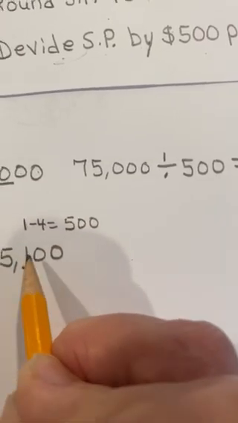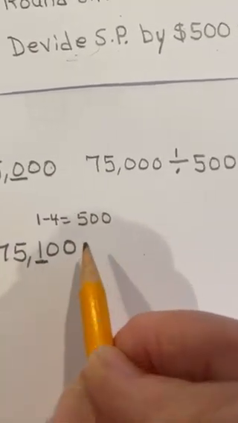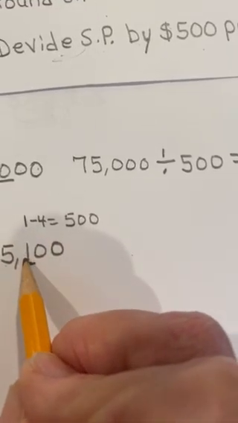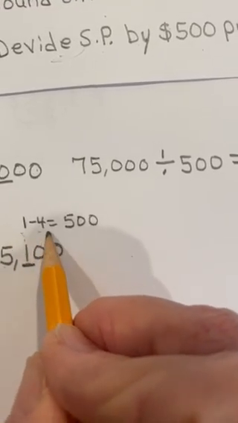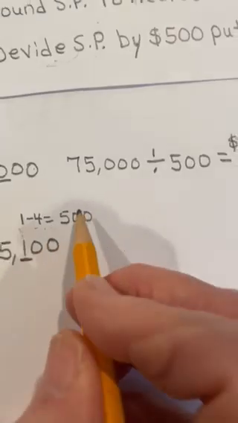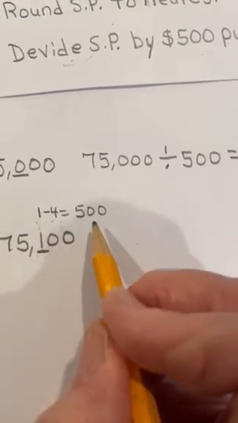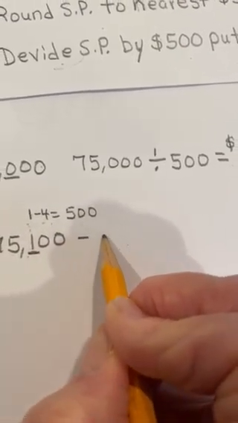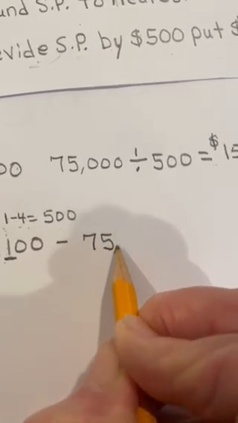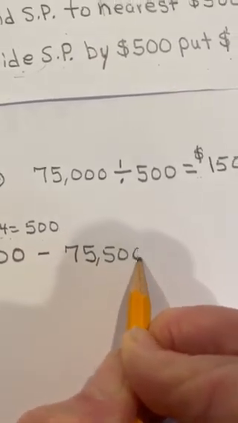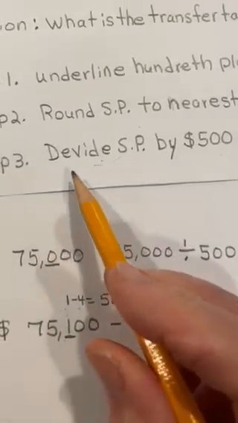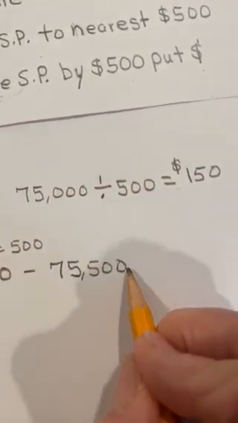So it is 1, so you go 75,500. And you put that over the head of the number so you'll remember if it's 1 through 4, you go up to 500. So it would be 75,500. And of course the last step, number 3, you divide it by 500.